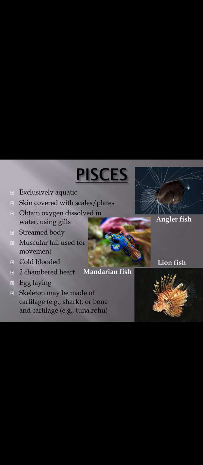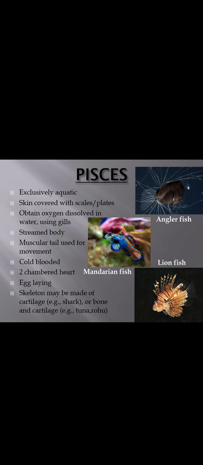The organism which cannot resist the external environment apart from its adaptations. In literal meaning, cold-blooded means the body temperature varies with that of the environment. Example, fish.